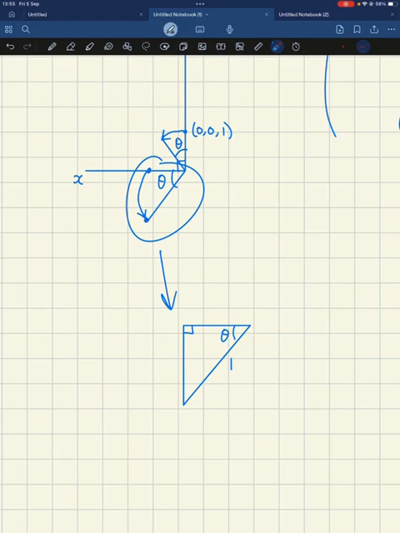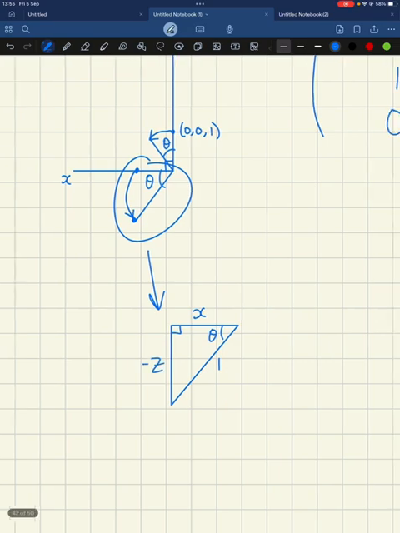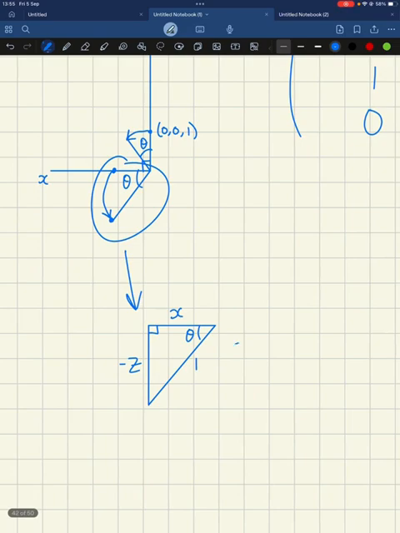Now this direction is the x, so that's going to be x, and this direction is positive z, but we're going down now, so that's going to be minus z. So what we've got is x and minus z. Now again, trigonometry. So sine theta is minus z, so z is minus sine theta.